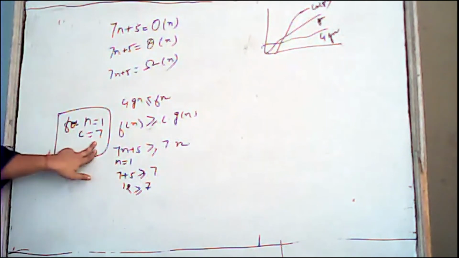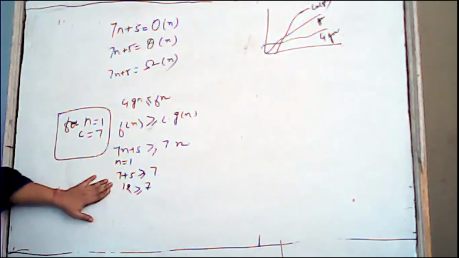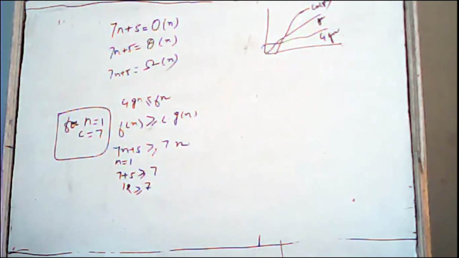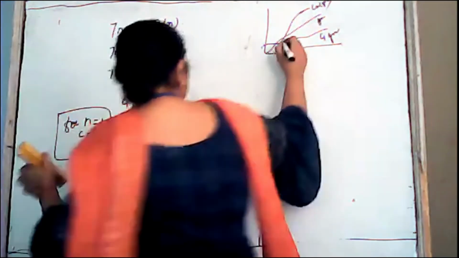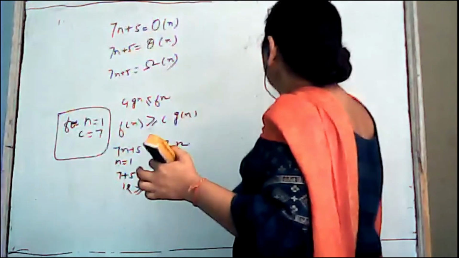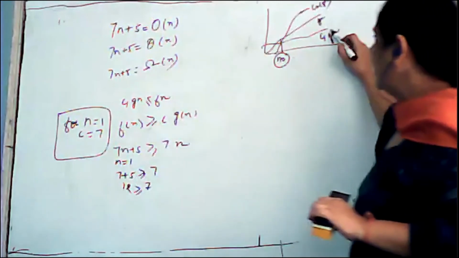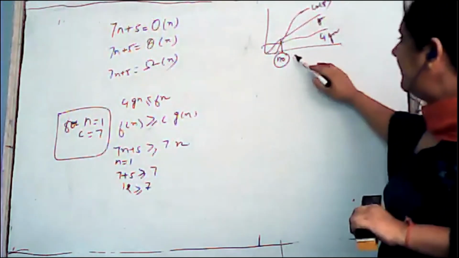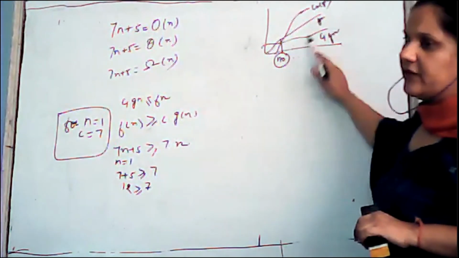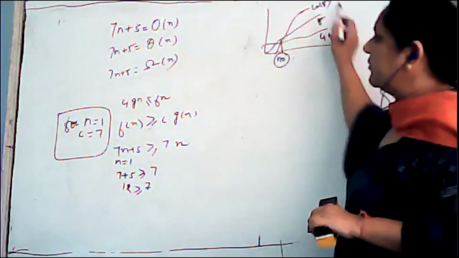This relation will hold for values of n above 1. Actually, here what we are trying to find is this n naught. What will be the n naught value for which this relation will hold? We will find the value of that n naught for which these relations will hold.